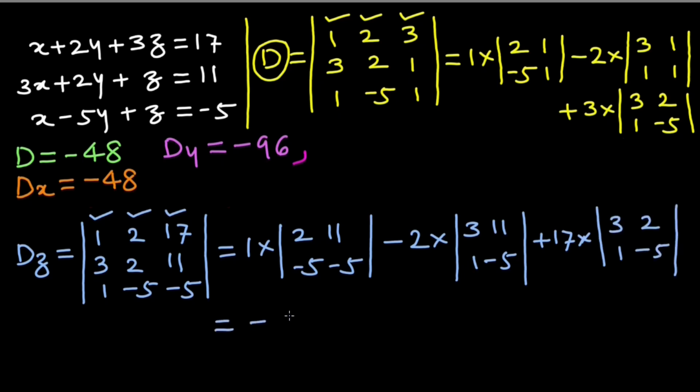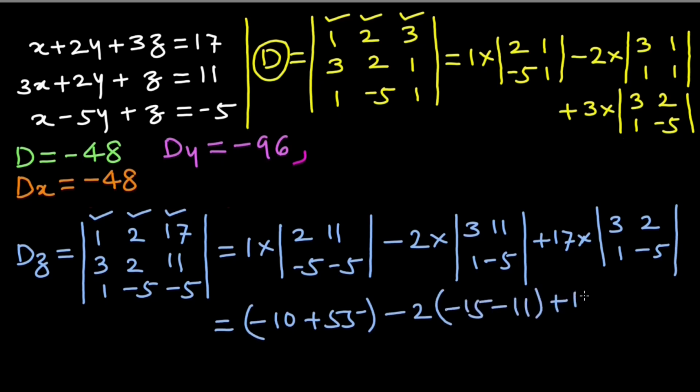It will be minus 10 plus 55, minus 2 multiplied by minus 15 minus 11, plus 17 multiplied by minus 15 minus 2.